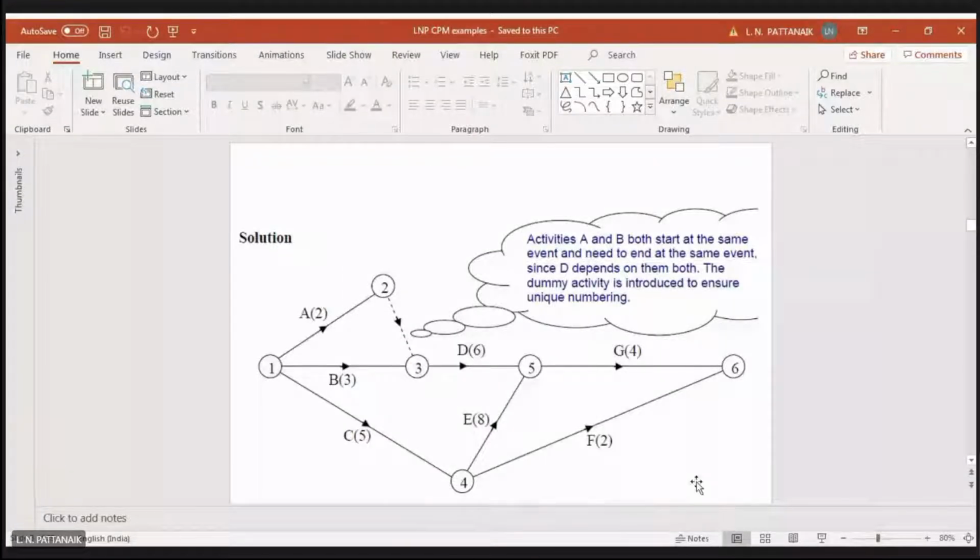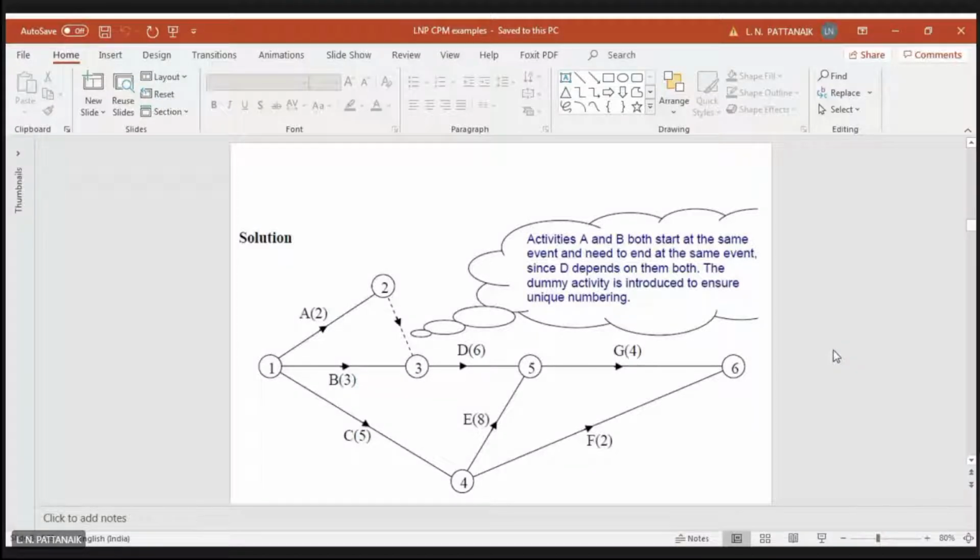You can see here, and you can compare with your solution if you have tried it. Activities A and B both start at the same event and need to end at the same event, since D depends on both of them. The dummy activity is introduced to ensure unique numbering, which is a requirement of network construction.